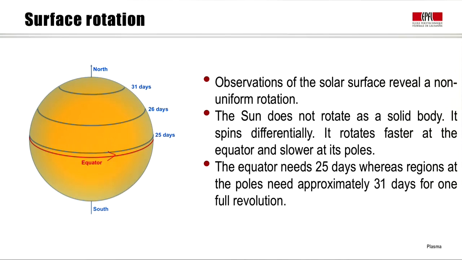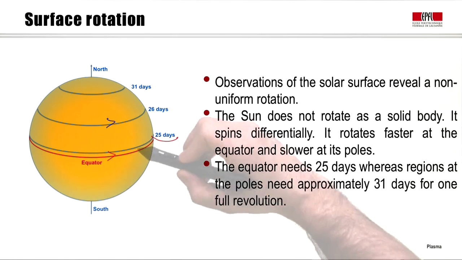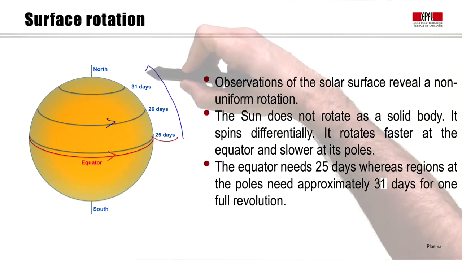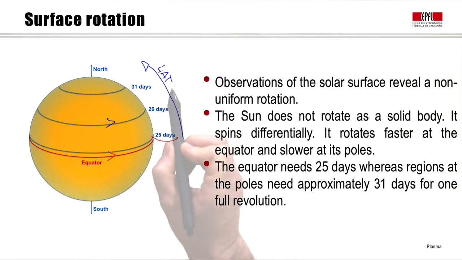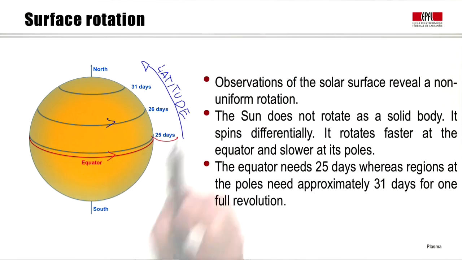We know that the Sun rotates and the equator of the Sun rotates in approximately 25 days. If we move to larger latitude towards the North Pole of the Sun, we can observe that the surface of the Sun does not rotate as a solid body. It spins differentially. The Sun rotates faster at the equator than at its poles.